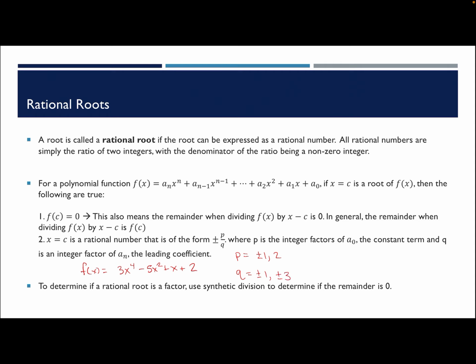So all of the possible solutions are any combination of these numbers divided by each other. So you would have plus or minus 1 divided by 1, plus or minus 1 divided by 3, plus or minus 2 divided by 1, and plus or minus 2 divided by 3. Those are all of the possible rational roots for that function.